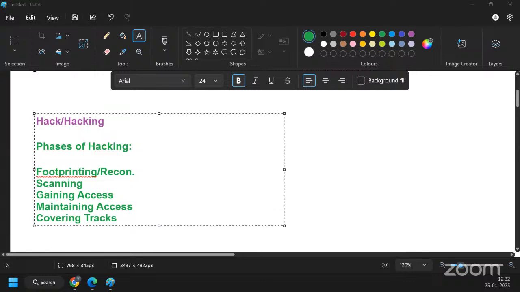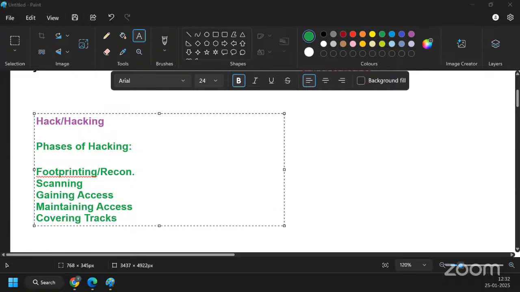Yeah. When we talk about ports, guys, for every unique service, one unique number has been given. It's called a port.